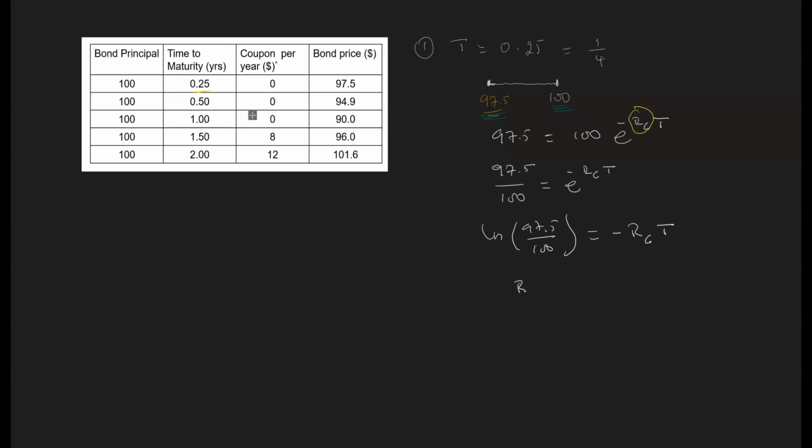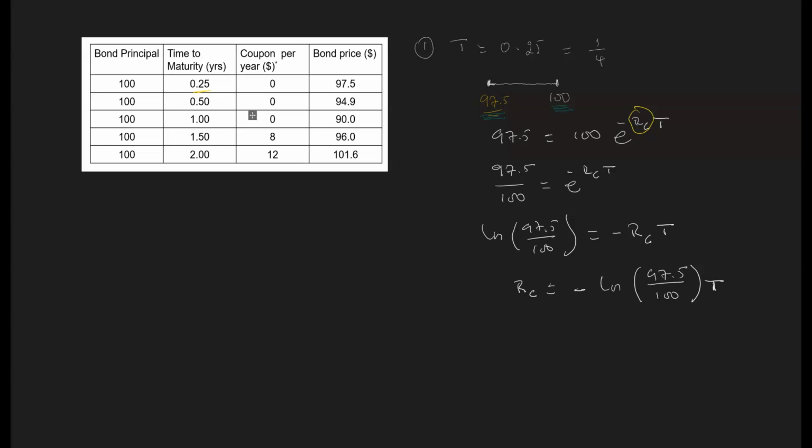So the compound rate, for a maturity t of 0.25, is going to be equal to minus the log of 97.5 divided by 100, divided by t.